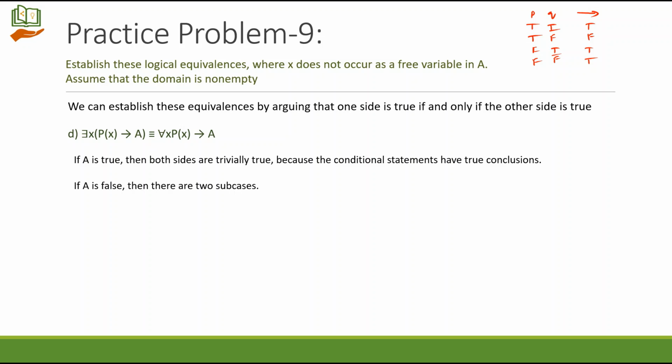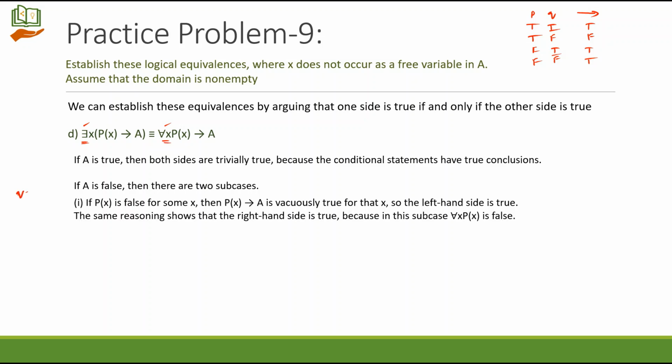Again we have to go with two subcases here. Previously we had universal quantification here and existential quantification here. Now in this problem we are starting with existential and equating it to universal. When A is equal to false, that is when the conclusion is false. First we have to take P of x to be false. At that time P of x implies A is true.